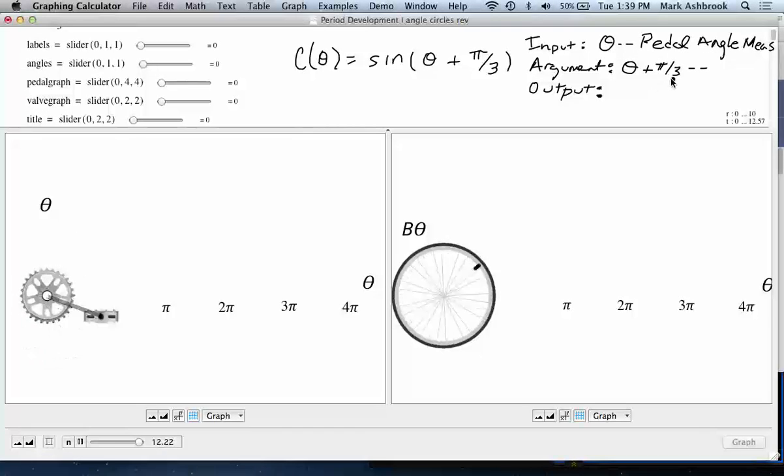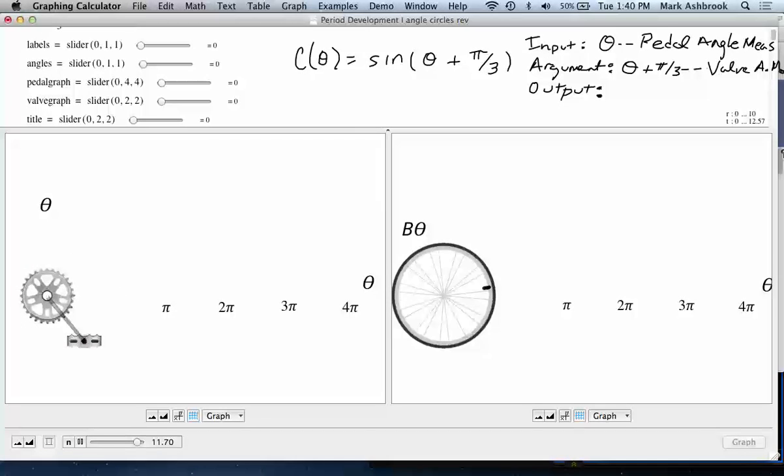Now we're adding pi over 3 to it. So the tire valve. This is the valve angle measure, swept counterclockwise from the 3 o'clock. So this is the valve angle measure. And yes, we need all that other stuff: swept counterclockwise from the 3 o'clock position.